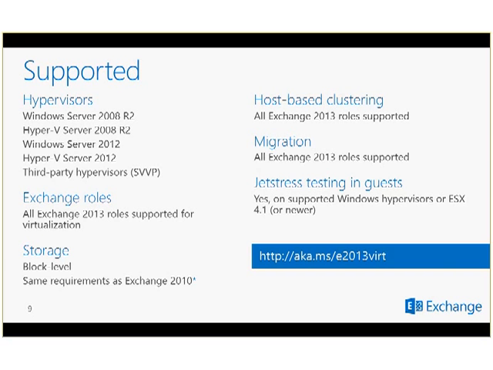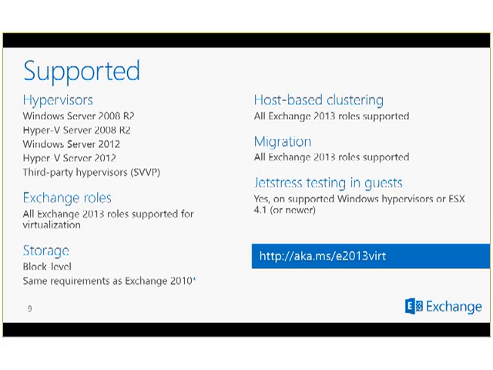So if one of our partners, such as VMware, has gone through the process of certifying a specific version of their hypervisor in combination with a specific version of the Windows operating system, that is a supported deployment platform for Exchange 2013.